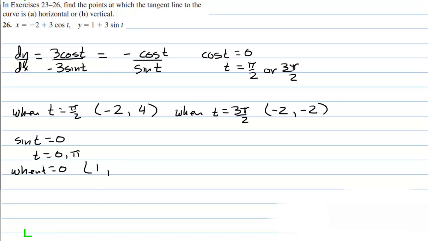And the y value when t is 0, sine of 0 is 0, so we have the point 1, 1. And when t equals pi, plug pi in for cosine, that's negative 1, so negative 2 plus negative 3 is negative 5, and when we plug pi in for sine, we get 0, so that value is 1.